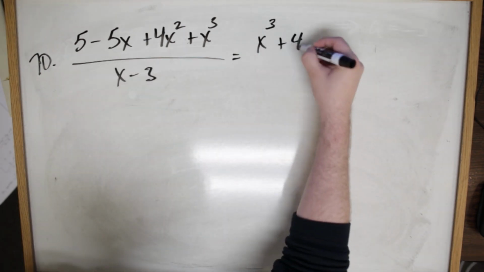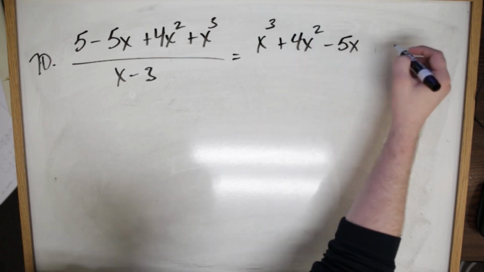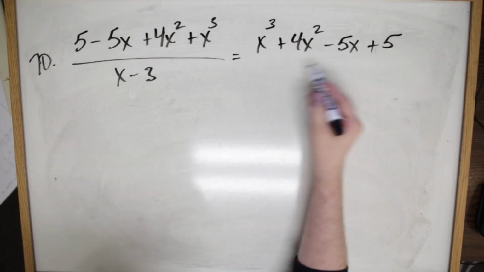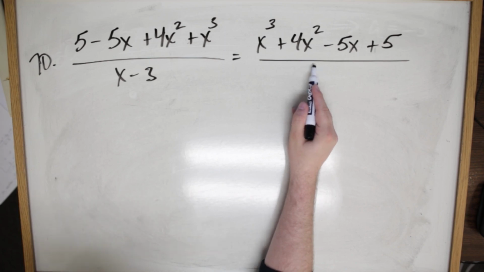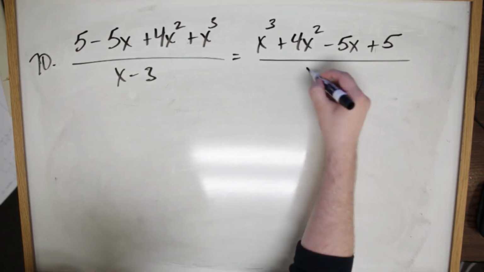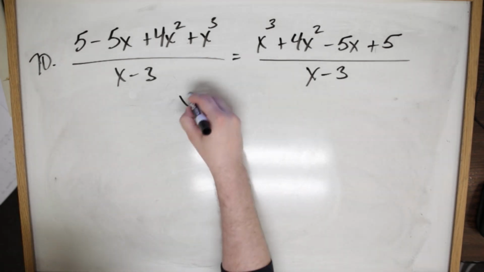So I am going to rewrite this into something that is in the correct order, okay? And again, you have to do this when you use synthetic division because you're using the coefficients from each piece of this equation. Okay? So now I have x minus a.